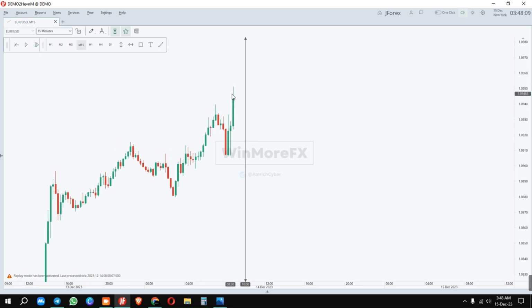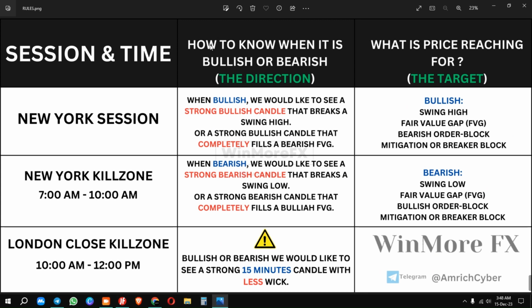And you can see you have it here, a strong bullish candle that breaks a swing high. So when price does this, we are bullish, as our rule says. How to know when it is bullish or bearish? The direction. When bullish, we would like to see a strong bullish candle that breaks a swing high, or a strong bullish candle that completely fills a bearish fair value gap.